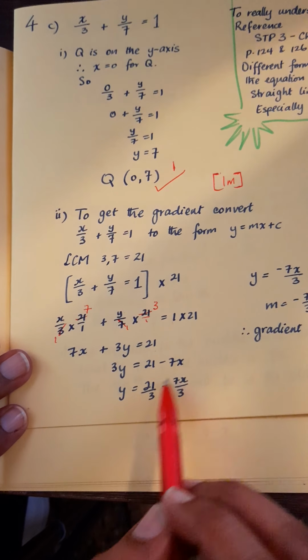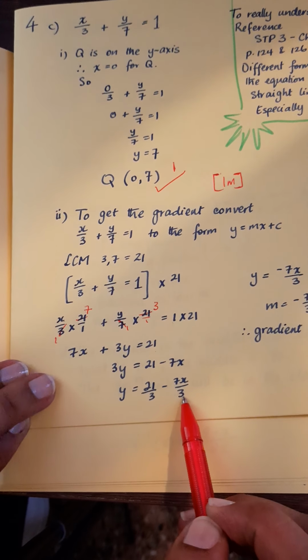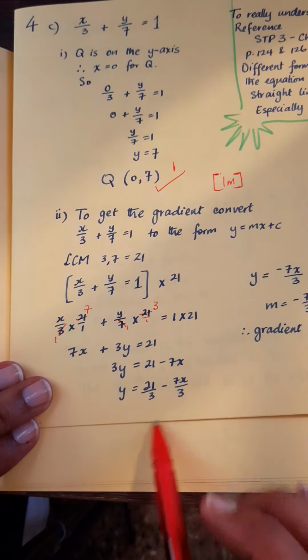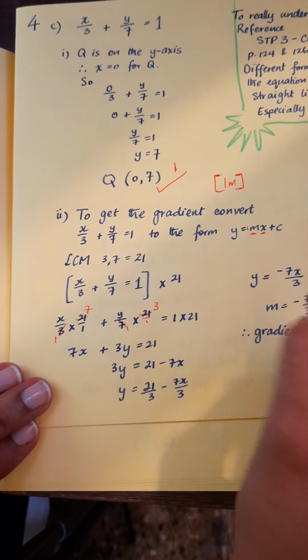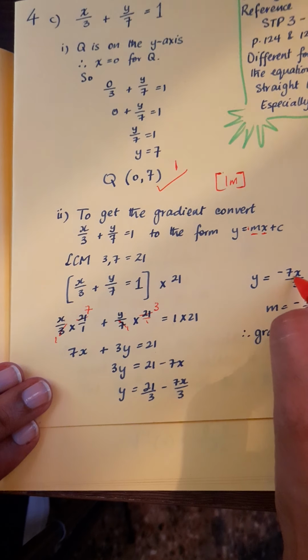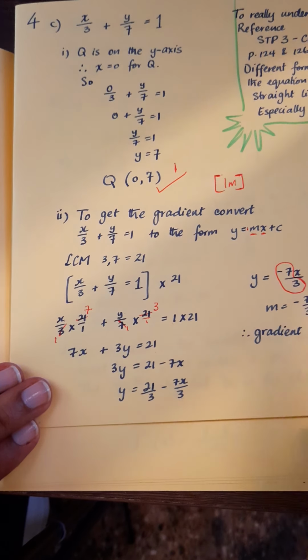So 3y is this, y is that. So when we rewrite it with the x term in front, the m is always the coefficient of x. So here, my m is minus 7 over 3. This is my gradient. 2 marks for this.